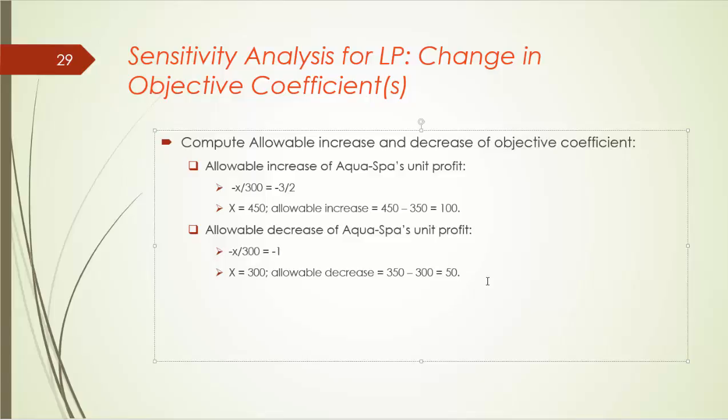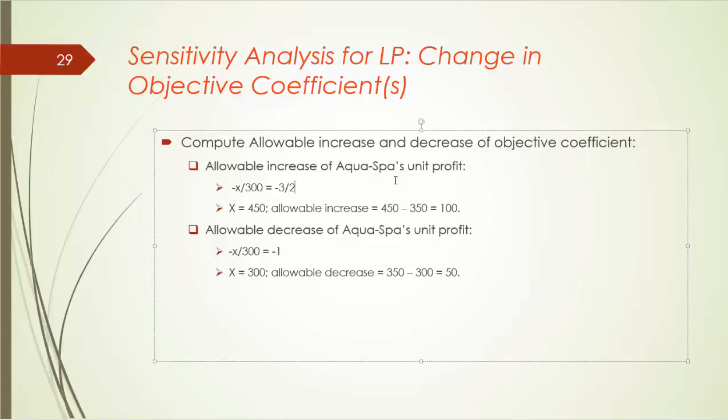Similarly, we can find the allowable increase for Aquaspar's unit profit. Once again, let's assume that the new Aquaspar's unit profit is X. So the slope of the new level curve will be negative X divided by 300. And we can increase the Aquaspar's unit profit until the slope of level curve is equal to the slope of the labor constraints.